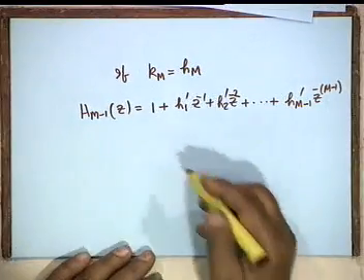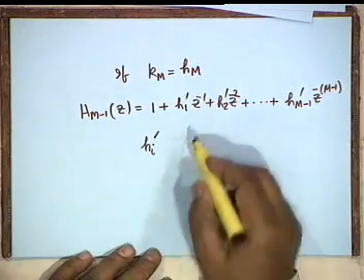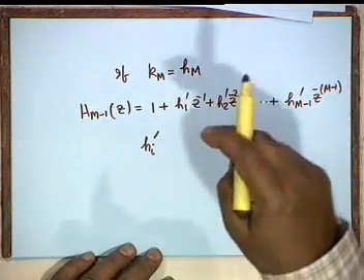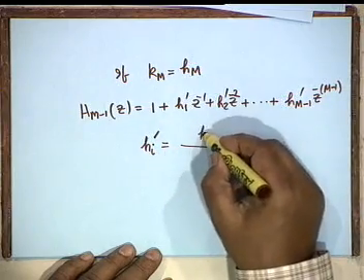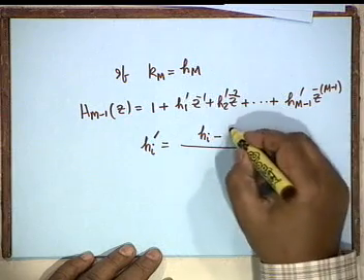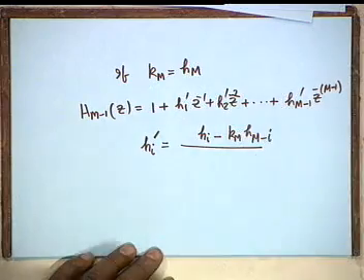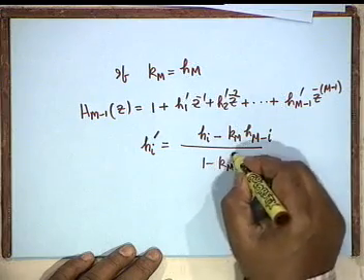This is the form where, very interestingly, if you look at h1 prime and h2 prime, you notice that these coefficients are h i minus k m h m minus i divided by 1 minus k m square.